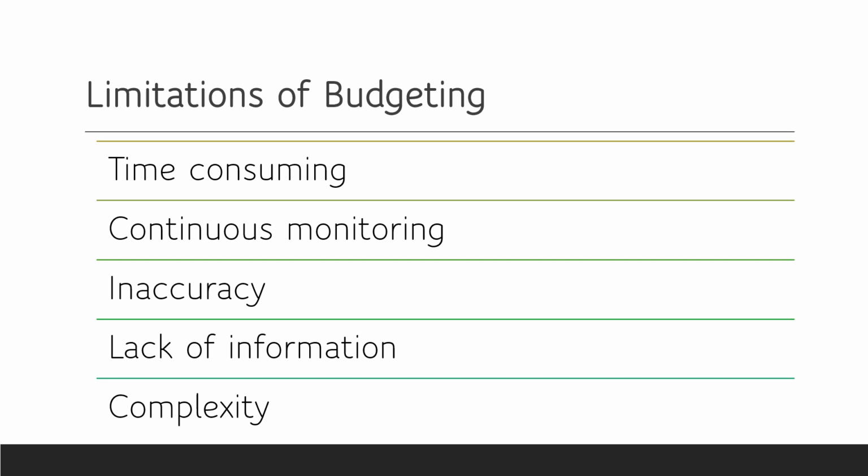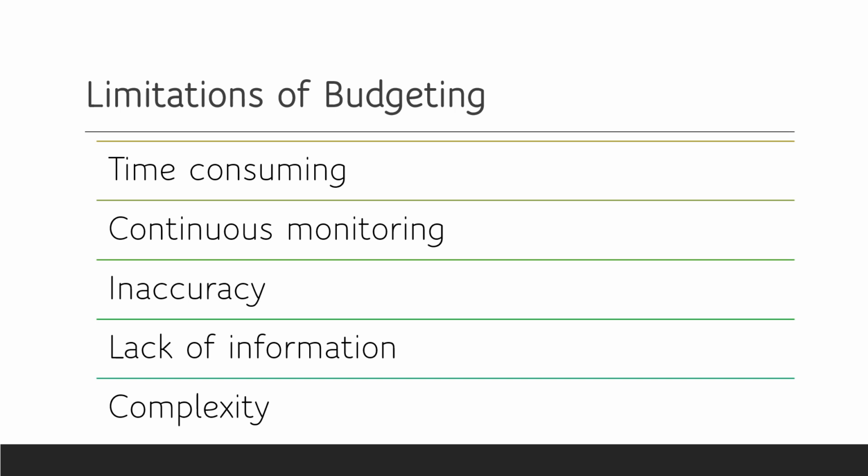The third one, inaccuracy. So budgets are based on predictions and estimates, which may not always match actual outcomes. So factors such as market changes or unexpected expenses can lead to inaccuracy in business projections. And then lack of information. So budgets rely on the information available at the time of preparation.